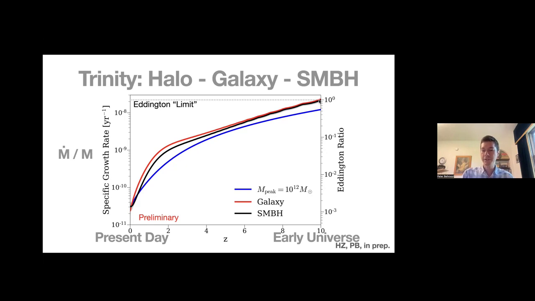So in fact, the question is not how the galaxy knows about the Eddington limit. Already, because of lambda CDM, the galaxy and the host halo know something about high specific growth rates at early times. The question is more, how do we get the gas from the galaxy scale down to the black hole scale, maintaining the same specific growth rate?